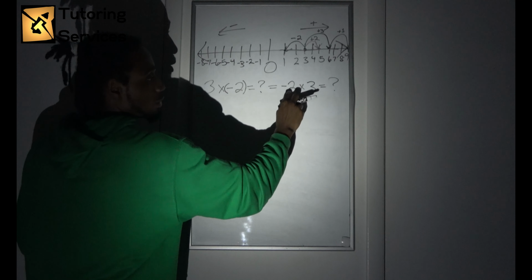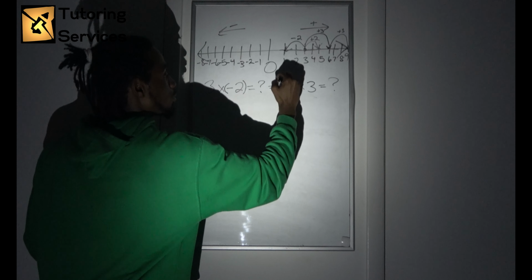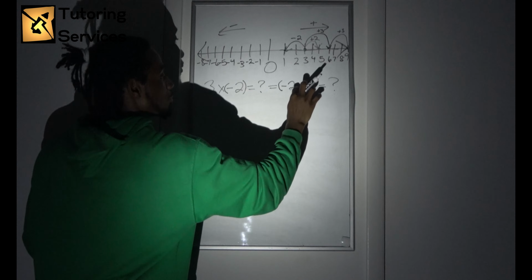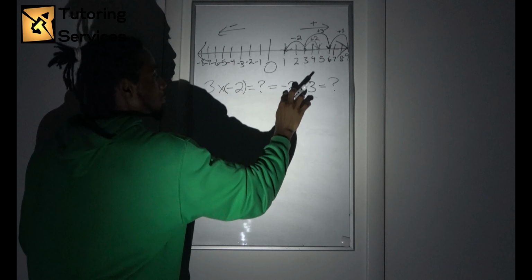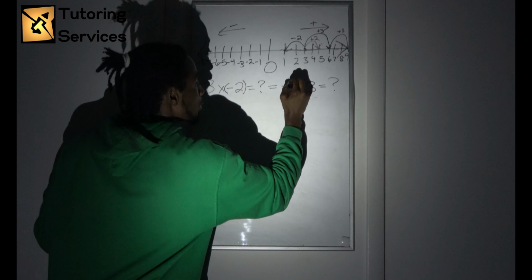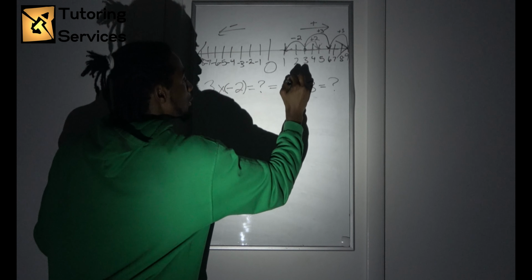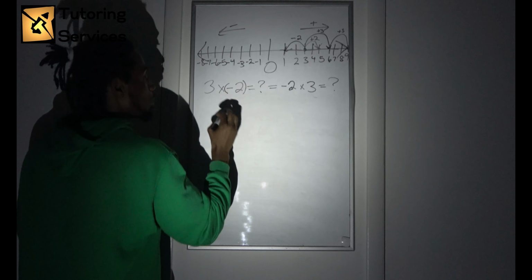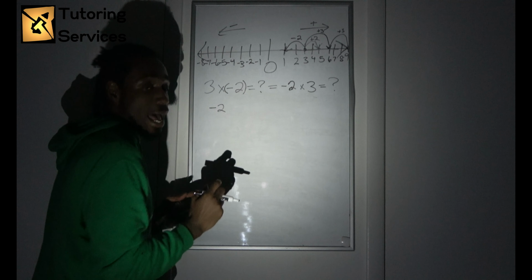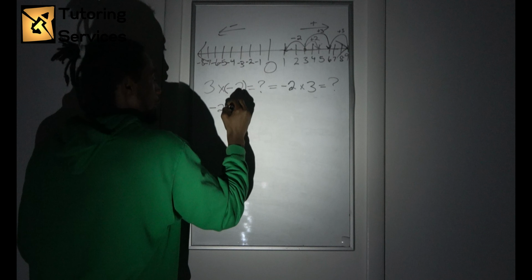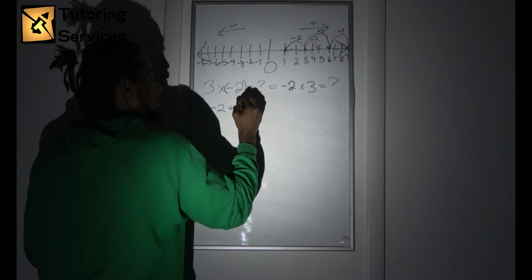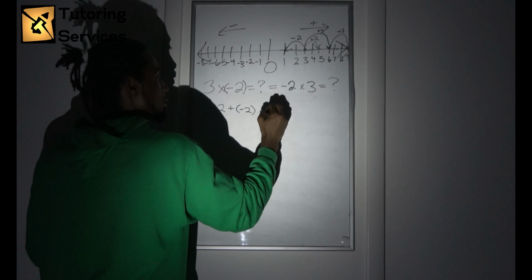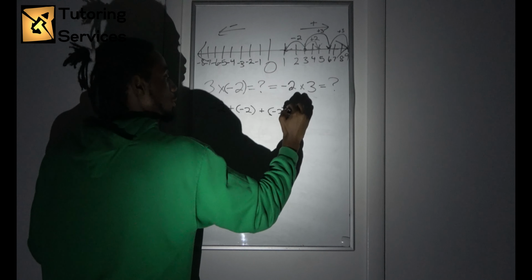Alright, well that's a little easier to handle. Negative 2 times 3, you don't have to put the parentheses there. The negative is important. Negative 2 times 3, well we know that's negative 2 added 3 times to itself. Negative 2 plus negative 2 plus negative 2.